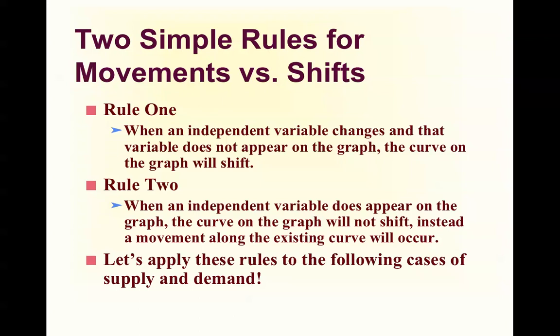Instead, there will be a movement. So, remembering back to the demand curve, we had a movement because we had a change in the price that led to a change in the quantity. Both of those variables were on the graph. If the variable is not on the graph, then we will have a shift and not a movement. And as they say down here, let's apply these rules to the following cases of supply and demand.